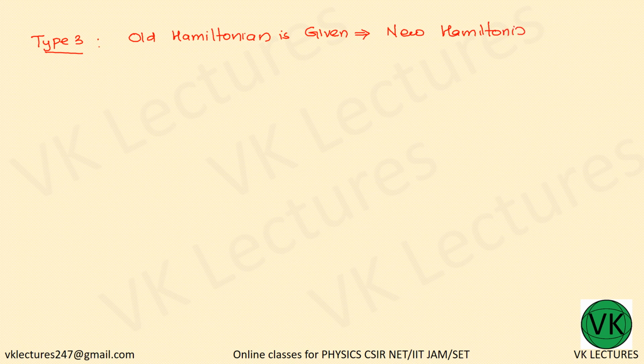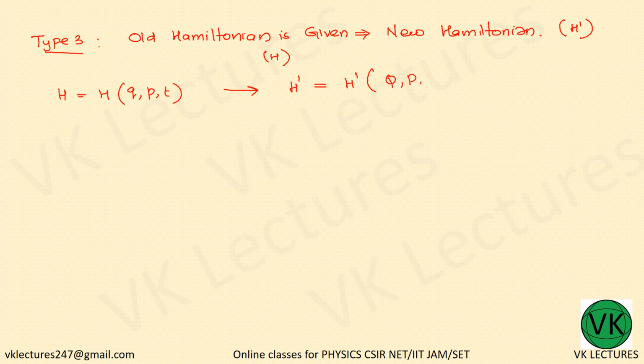According to the formula, the new Hamiltonian is H dash, and the old Hamiltonian is H. So we know H is equal to H of q, p and t, and H dash is equal to H dash of capital Q, capital P and t.